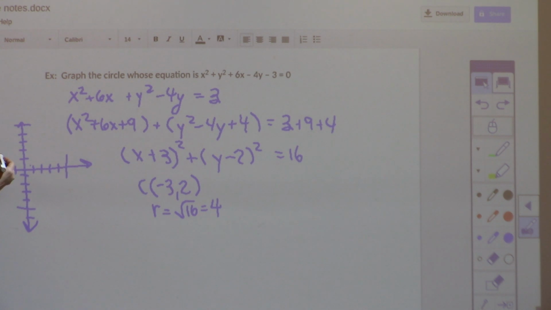A little high on this one, aren't I? So we go over 4, so it puts it here. Go back 4, puts it here. Go up 4, here, and go down 4 to here.